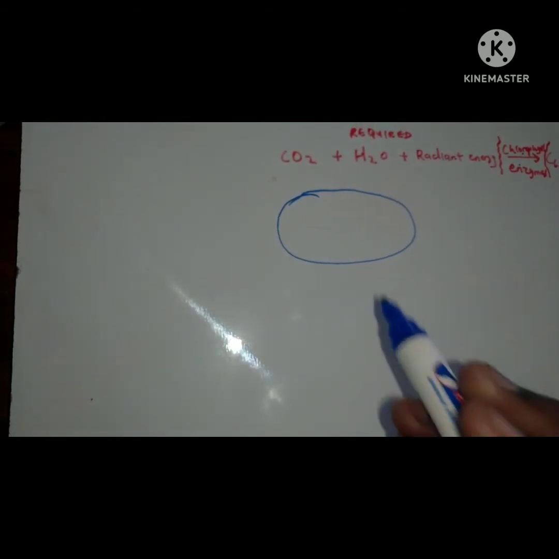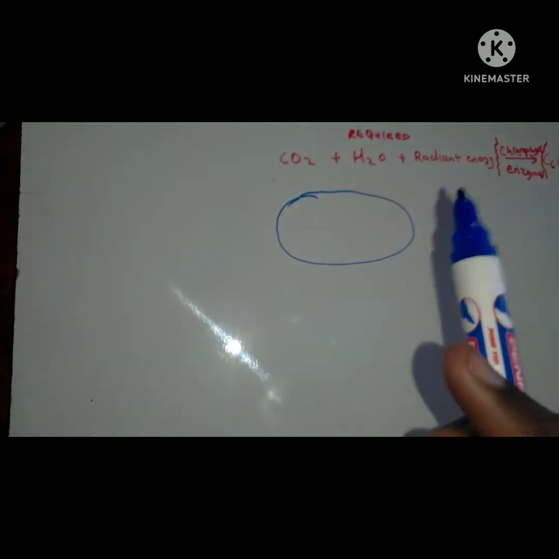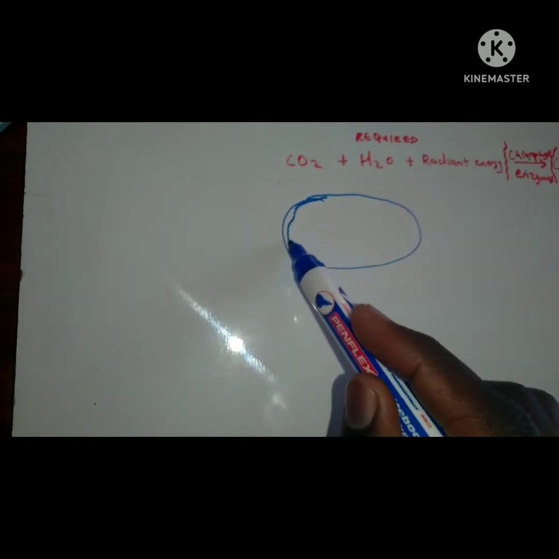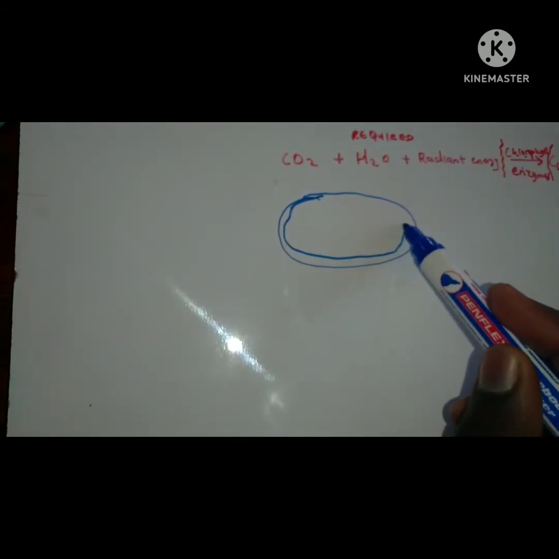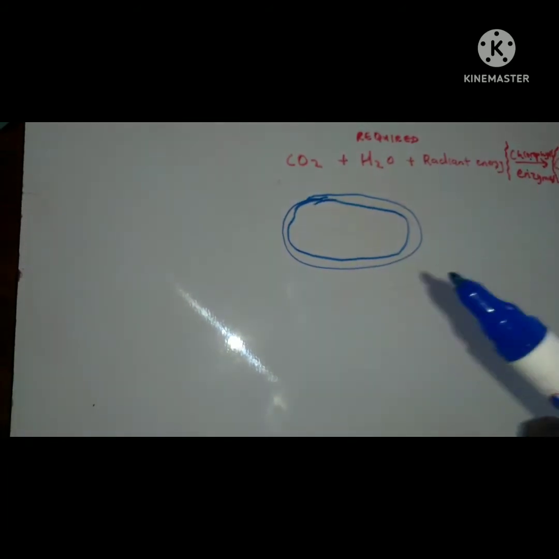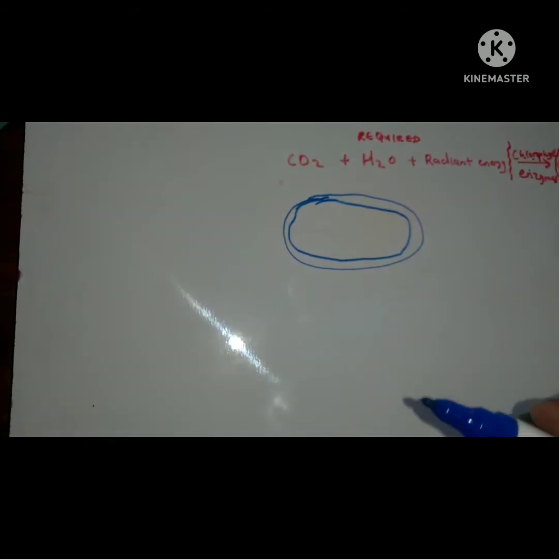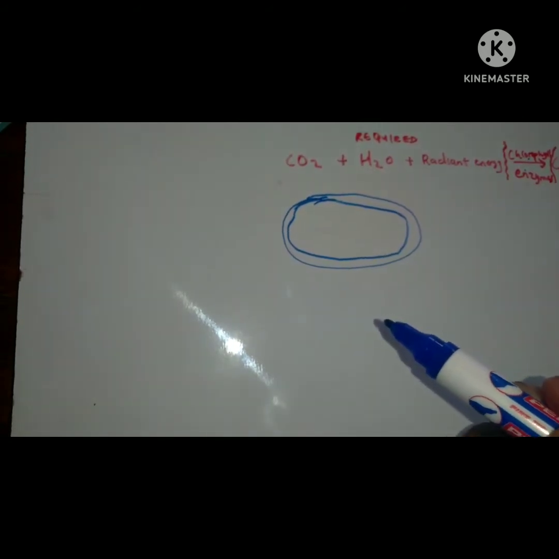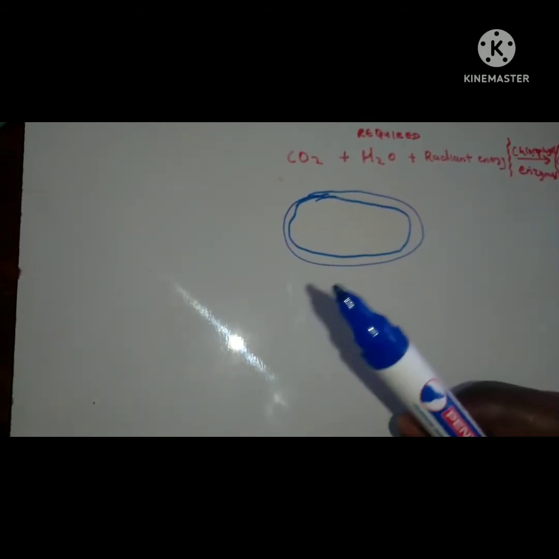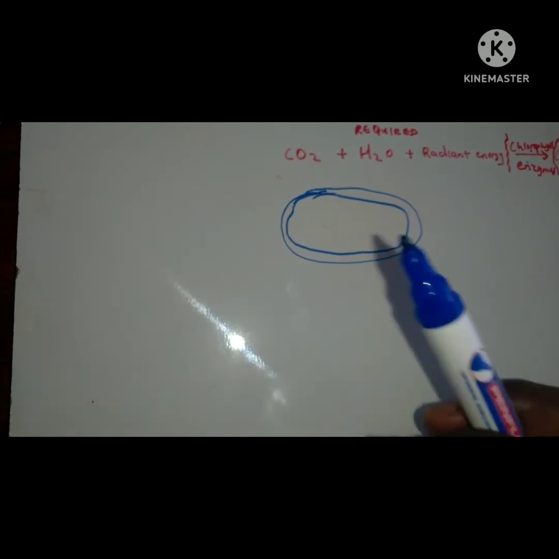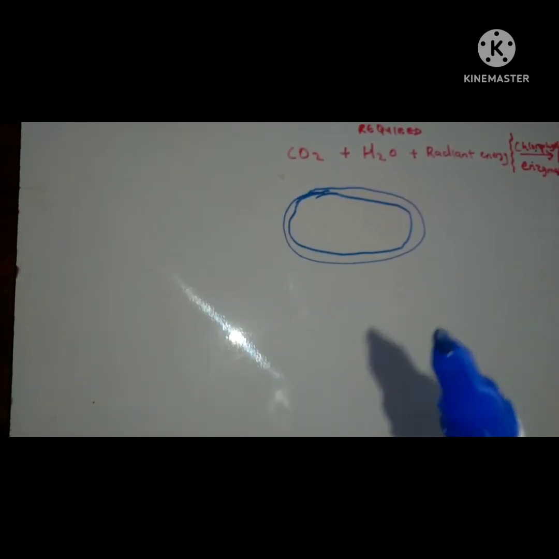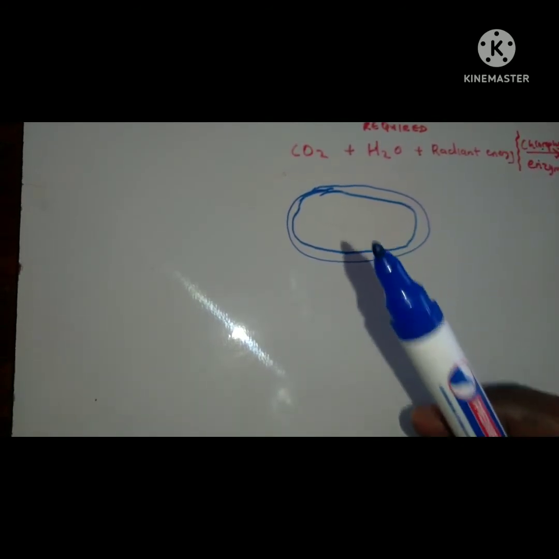So this is the basic structure of the chloroplast. I may not be good at that drawing, but then I'll refer to an actual diagram. So this chloroplast is an organelle that is found in the leaf. Remember, the leaf is the site for photosynthesis, but then certain things in the leaf make photosynthesis possible.